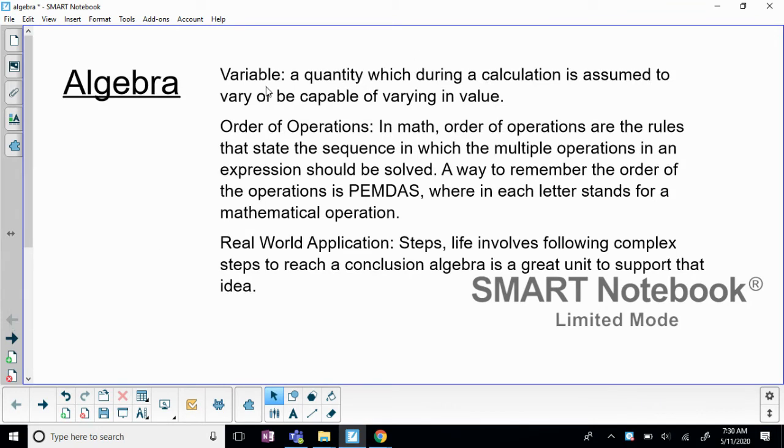Okay, so we're taking this idea of variables, and I'm trying to explain to you the real world importance of algebra is breaking down a complicated equation into simplified steps and adding balance to it, which is a perfect lesson for today's world.